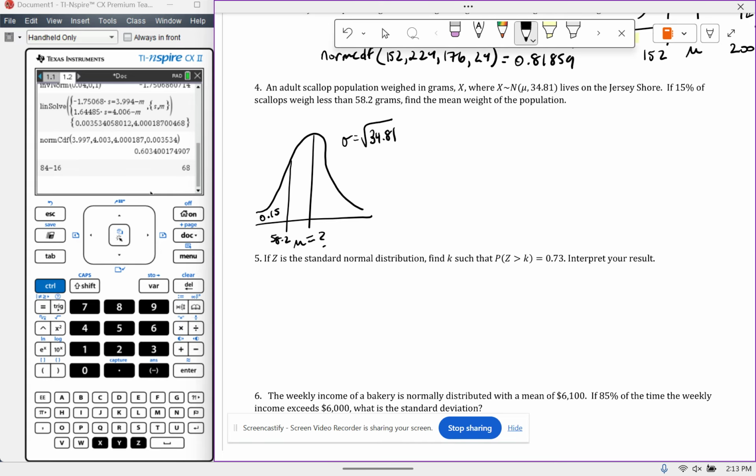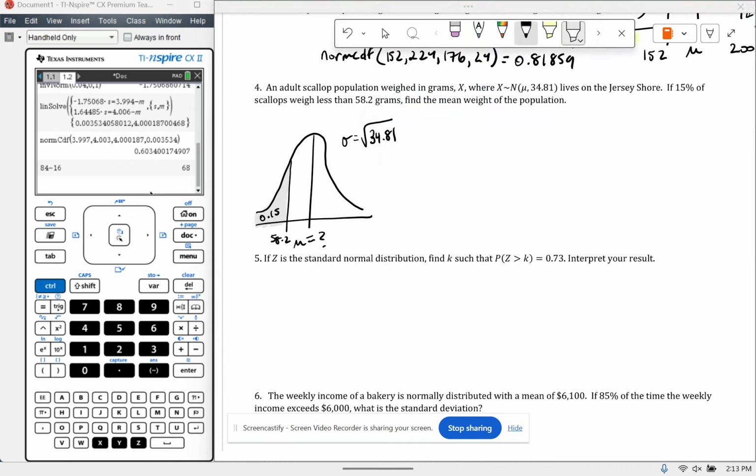So does it matter where in our diagram we put the 58.2 because we don't know which side? You should put it below the mean because only 15% is below it. Maybe if I thought about that before. Hold on, I gotta erase this.